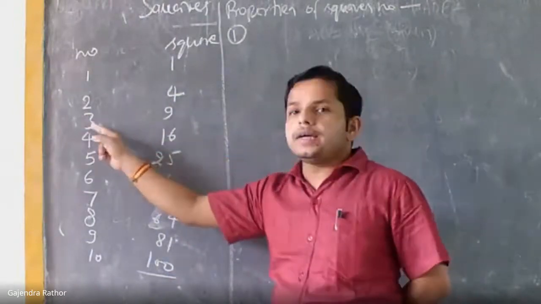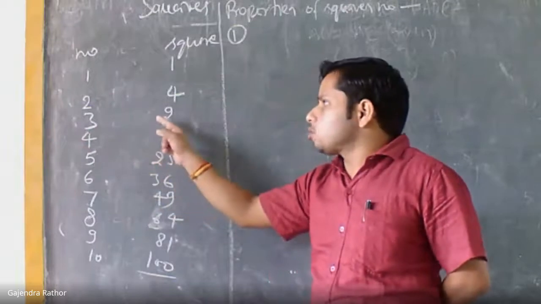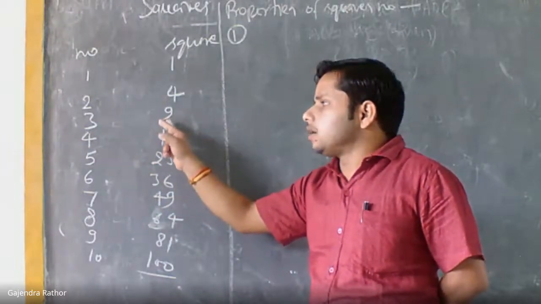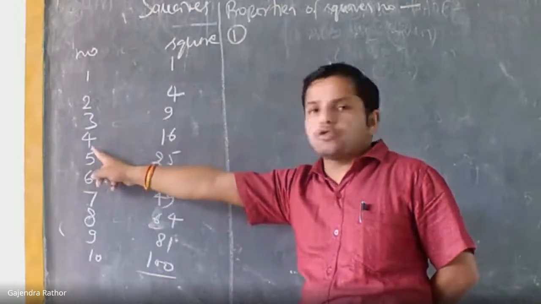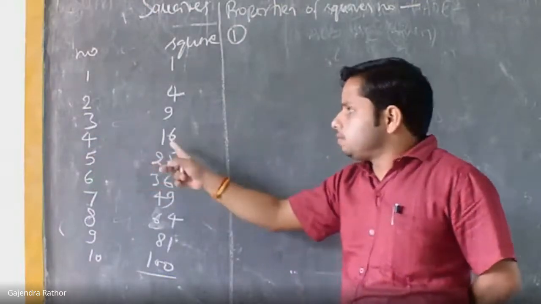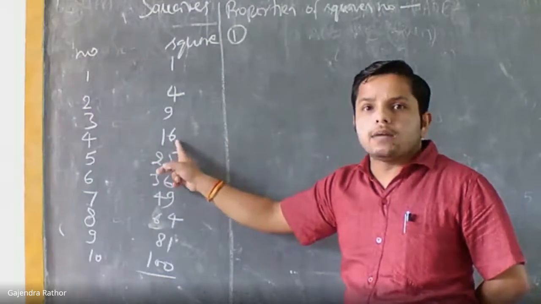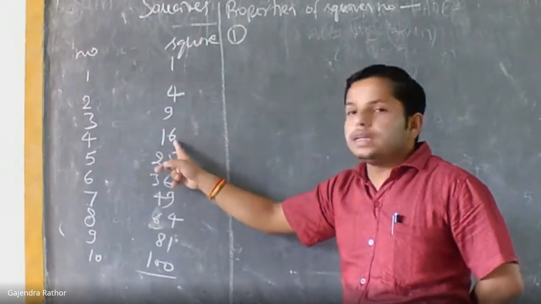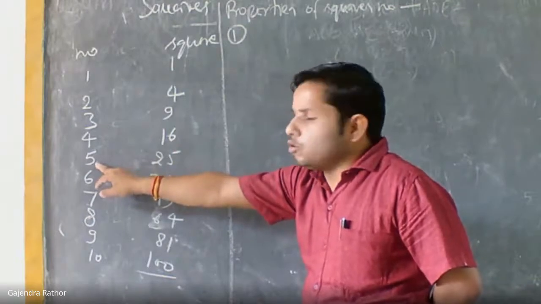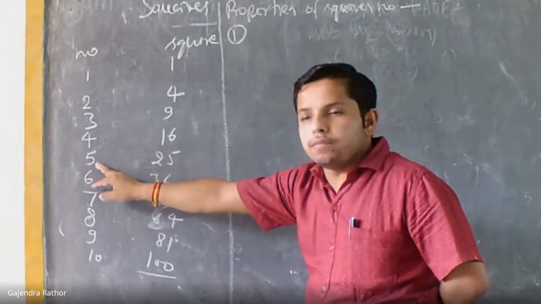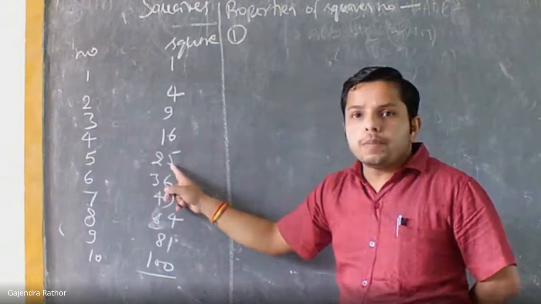Then, if the unit place is 3, then the unit place of the square will be 9. Next, if the unit place of a number is 4, then the unit place of its square will be 6.